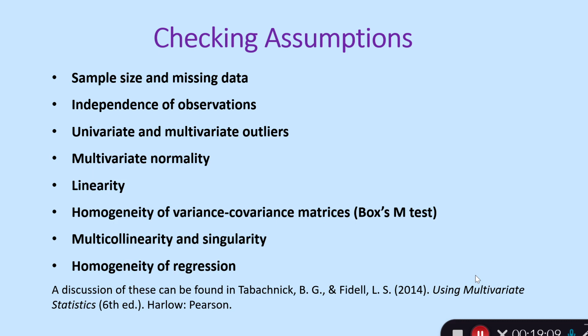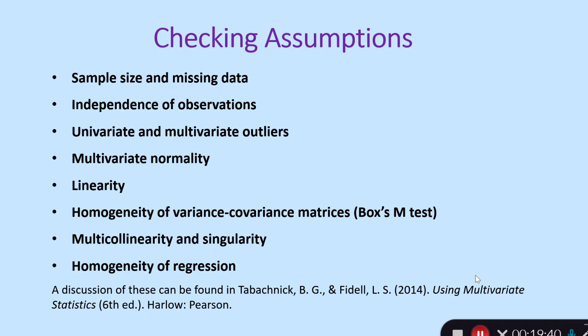If you want to find out more about each of these different assumptions, read the Tabachnick and Fidell 2014 Using Multivariate Statistics textbook. It's an excellent textbook. They provide a very useful discussion of what these assumptions are, how they can be checked, and what needs to be the case for them to be met. Some of these are quite difficult to assess.